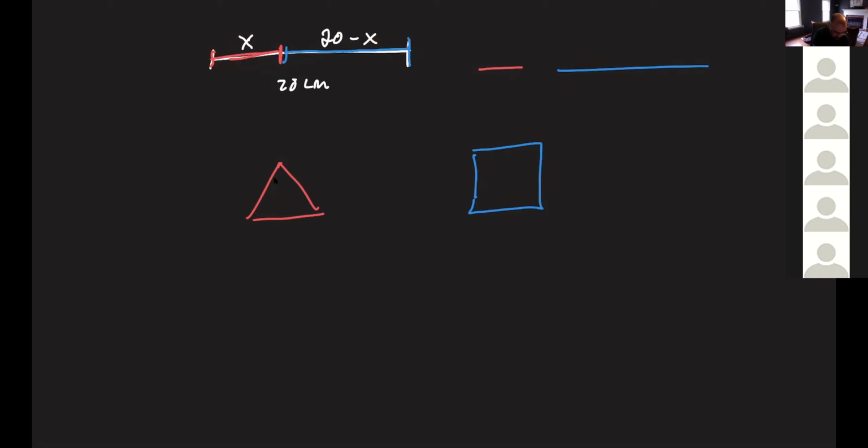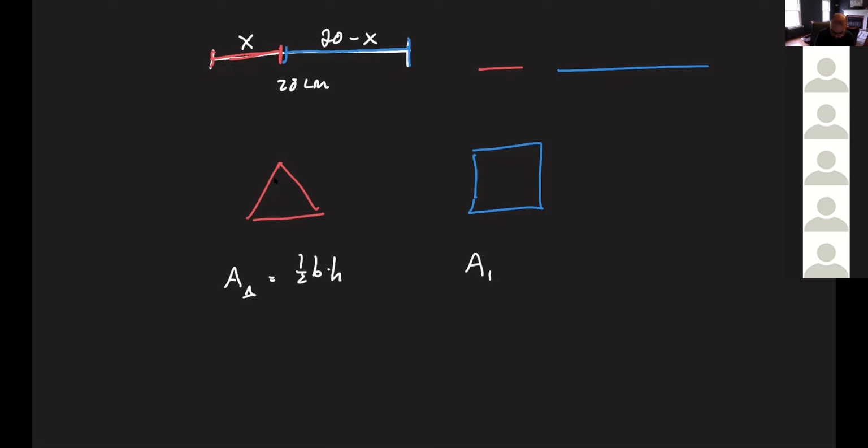All right, so what we want to do is think about the area of these things. And so if this is an equilateral triangle, then I have to come down here and think about my side lengths. And then the same thing over here, I need to think about these side lengths. Okay. So if I'm going to find the area of these, I know that the area of my triangle is going to be 1/2 base times height.